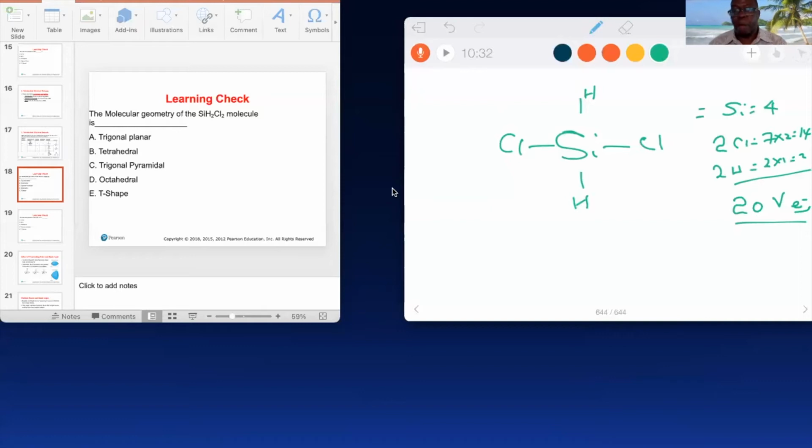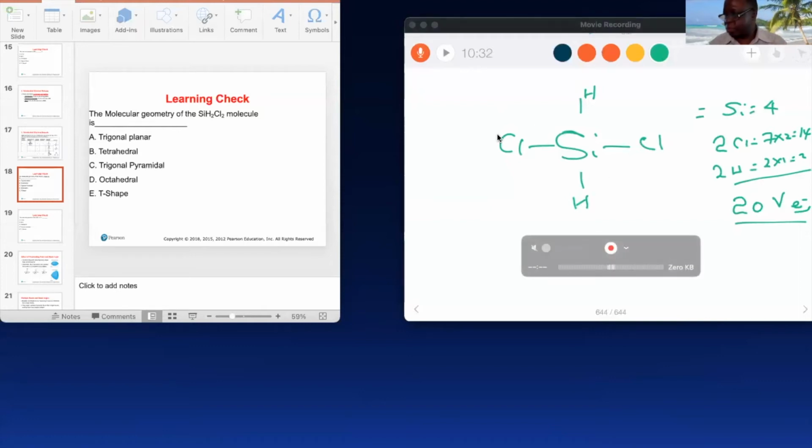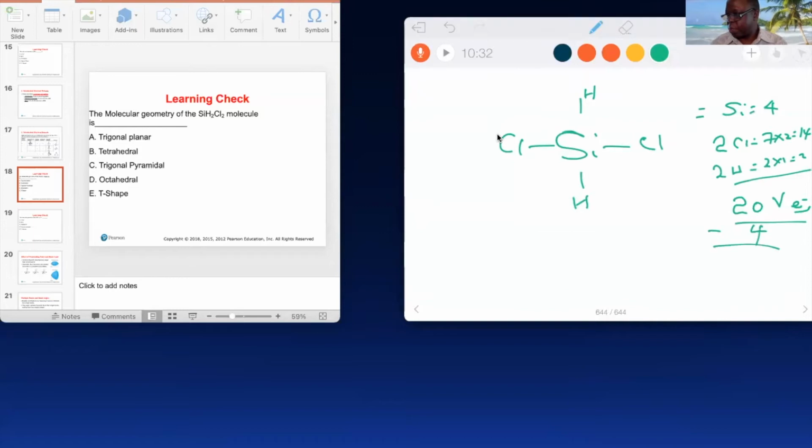Let's subtract the bonding. We have used bonding here, so just subtract 4, remain 16. Hydrogen does not need 6 more, it does not satisfy the octet rule, that's the exception. So the only 2 atoms which need to satisfy the octet rule are chlorine. 12 remain.